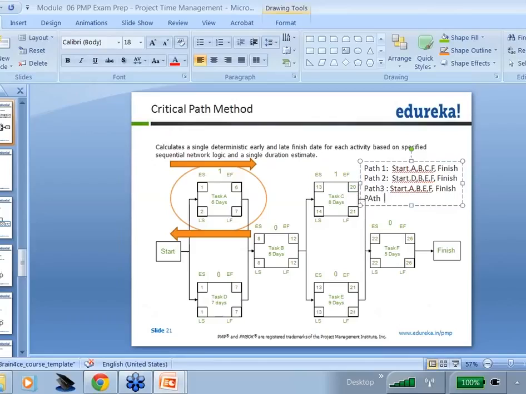Now let me bring up another path, and the next path you can look at is start. From start, I can see task D, task B, task C, task F, finish.